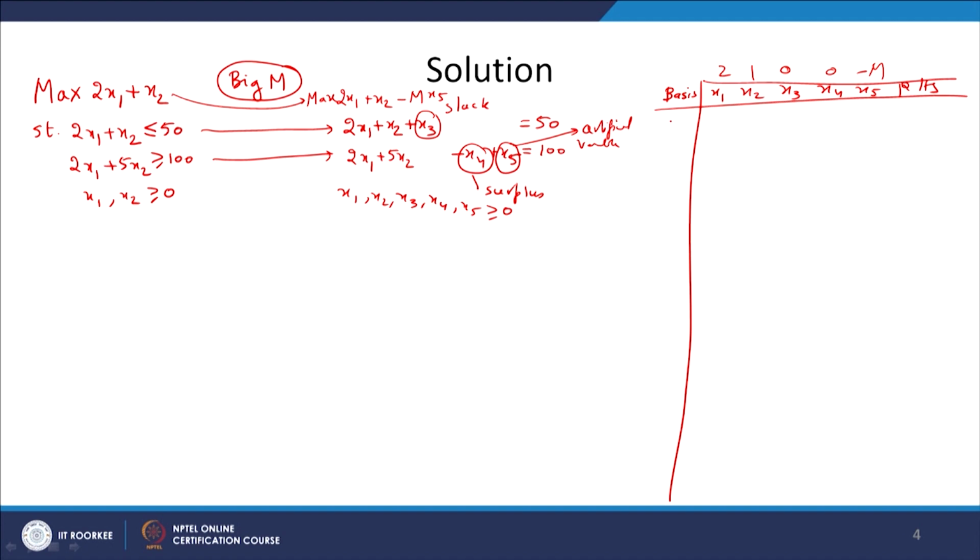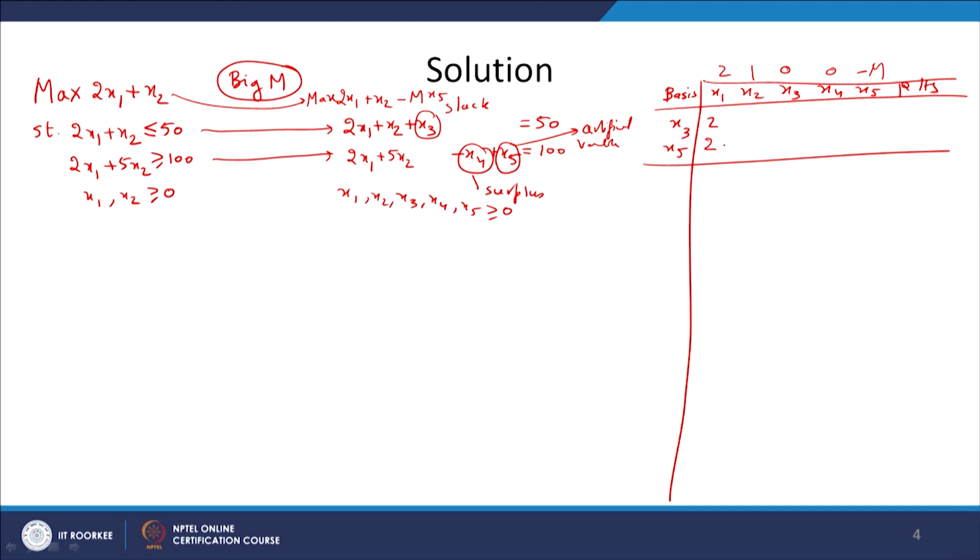The basis is x3 and x5. Why is that so? Because in the first constraint x3 is a basic variable and in the second constraint x5 is a basic variable. Then we need to write the coefficients.